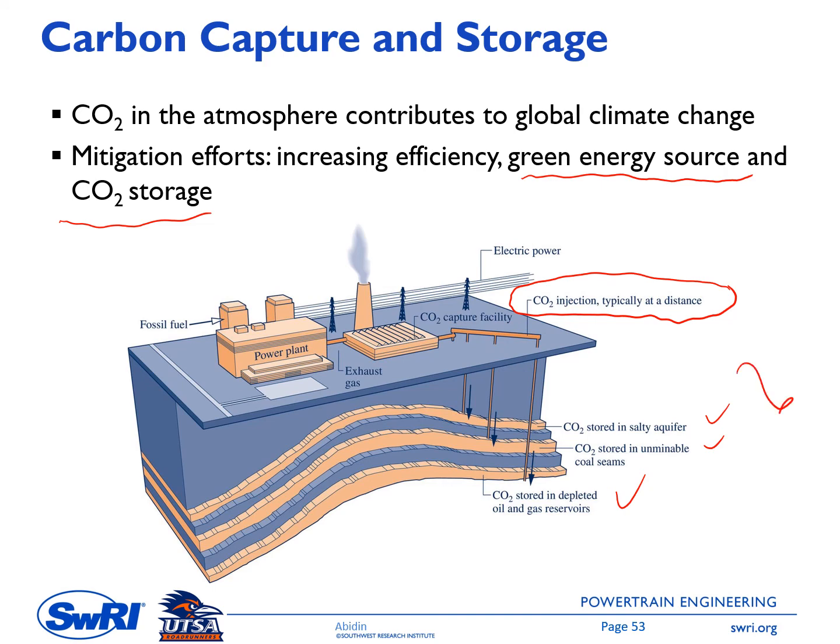But still there's a question here, like whether this CO2 storing impacts the other things inside the earth, and also what is the lifetime of the CO2, whether they will stay there all the time, or it might diffuse around this storage area. So there's still a question mark there.